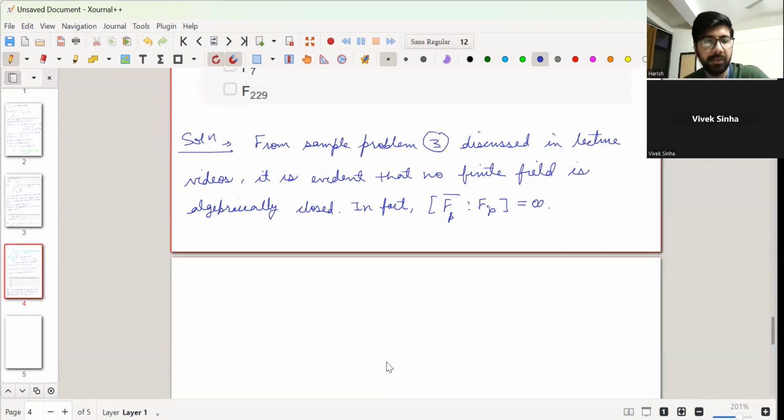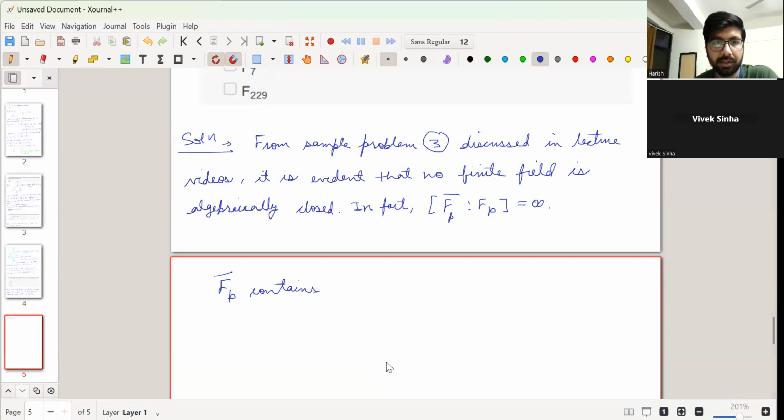So that example basically says that for any p, F_p closure contains subfields of order p raised to n for each n belongs to N, right?